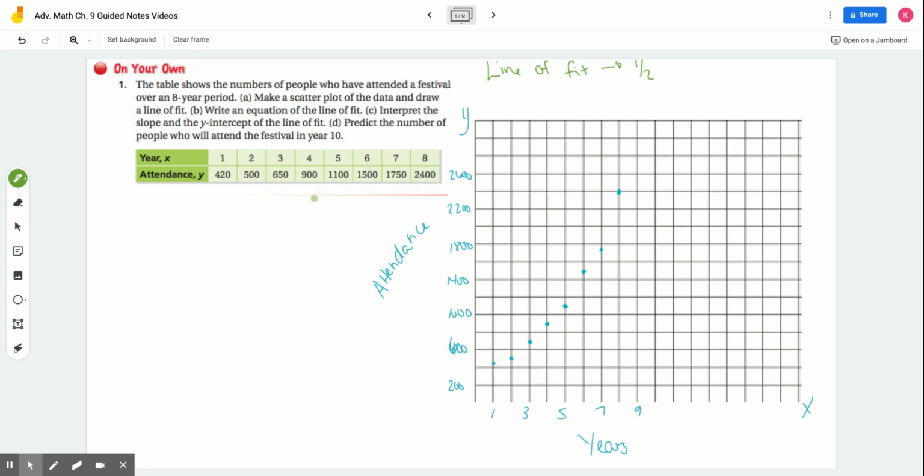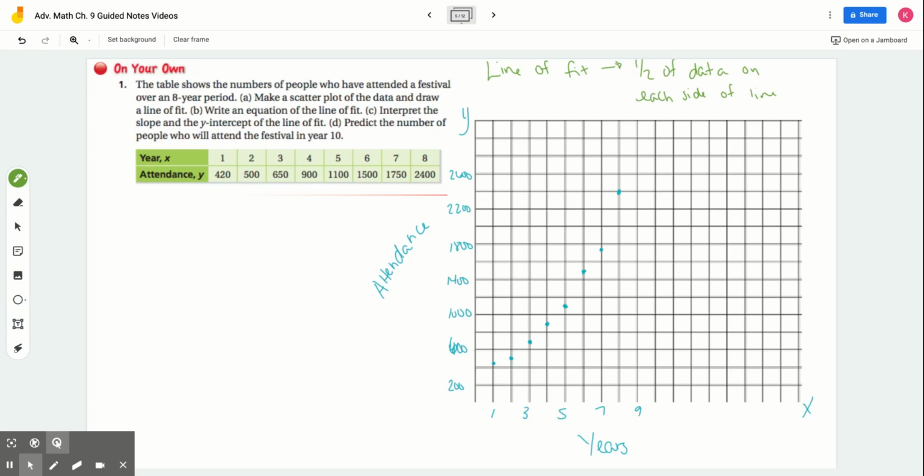We want approximately 4 points above the line and 4 points below the line. With 8 data points, it's pretty easy to split that in half. It's not always going to be exactly even. If we have 200 pieces of data, we might have 102 on one side and 98 on the other, and that's okay. It should be close.